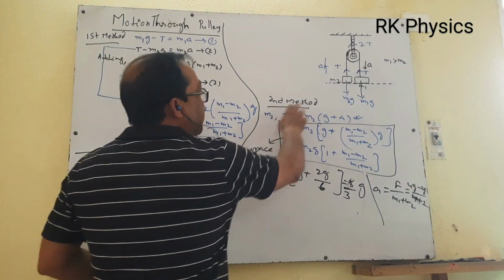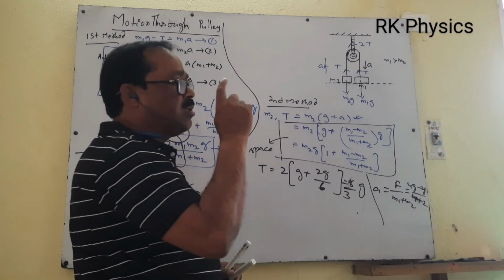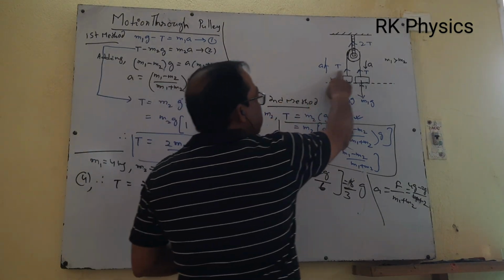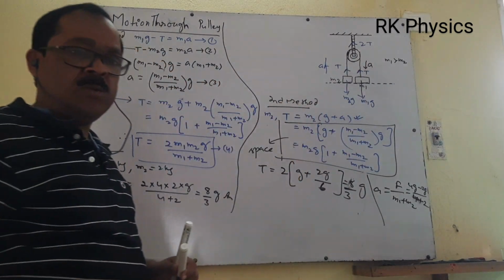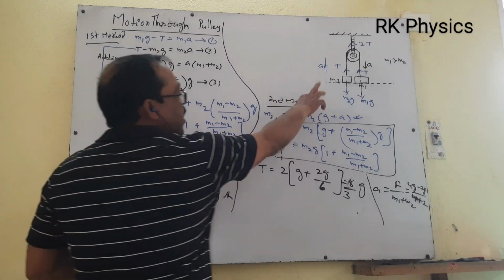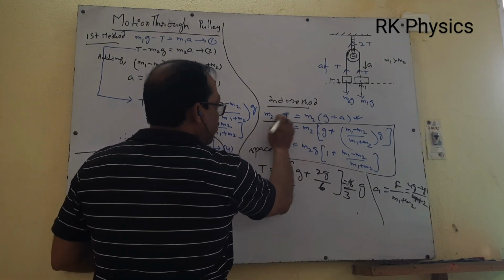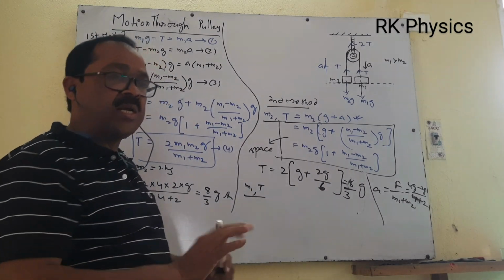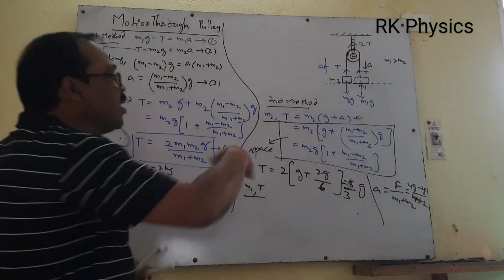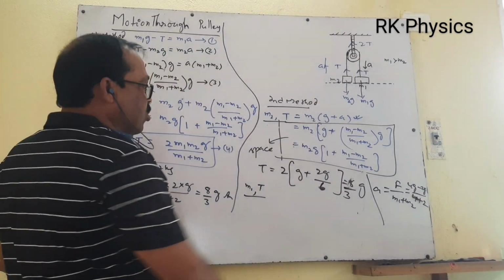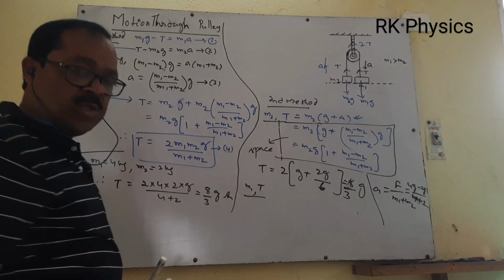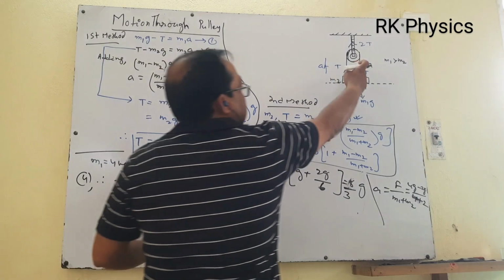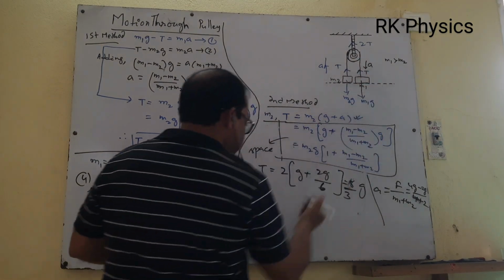So this is the T for m2. If somebody has a doubt, this side is T and that side is also T. This T is for m2, so I am writing m2 T. Suppose for m1, if you imagine these two T's are not the same, then you can take T1 and T2. So this is T1, and this is T2. At this T for m1, it is moving down.